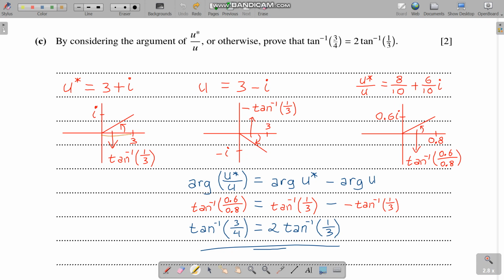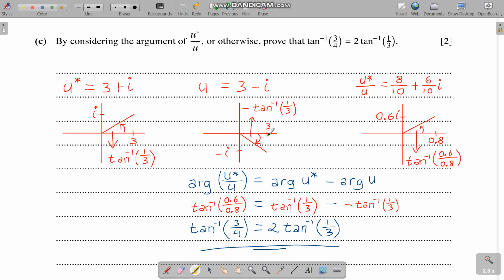So we have 3 plus i, and if you're looking for the argument or the theta, the angle, just use inverse tangent. The opposite is 1, the adjacent is 3. So of course, ignoring the i, the length is 1, the length is 3. Use inverse tangent, we get the angle.